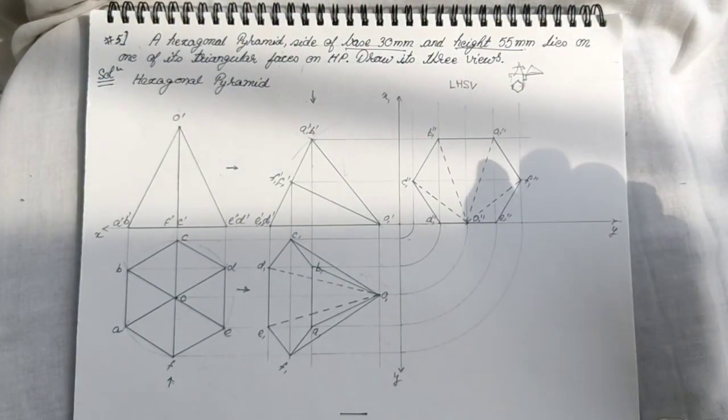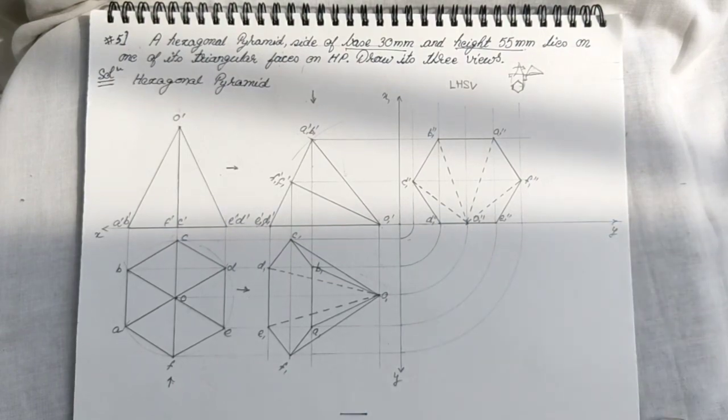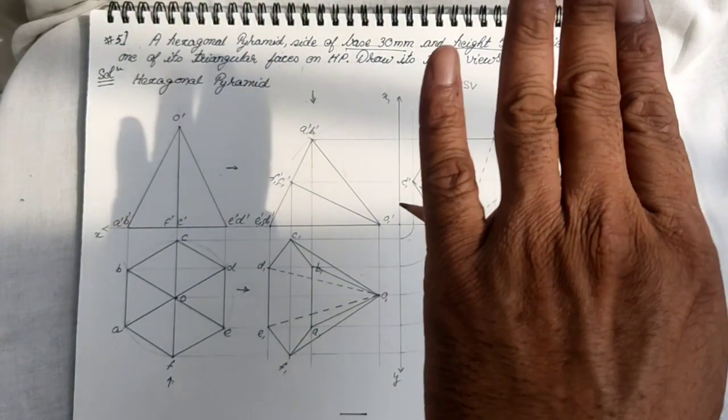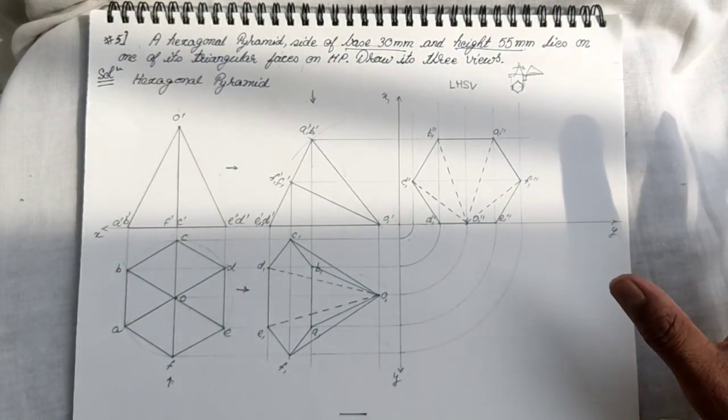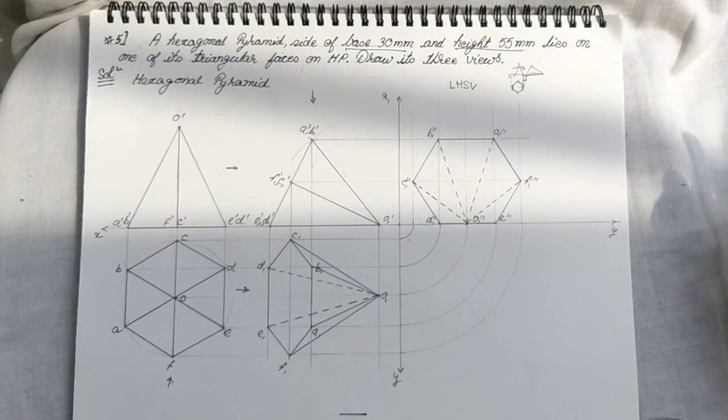So thus we finish. The base is visible and all the face edges are hidden behind the base. So that is all in this problem.